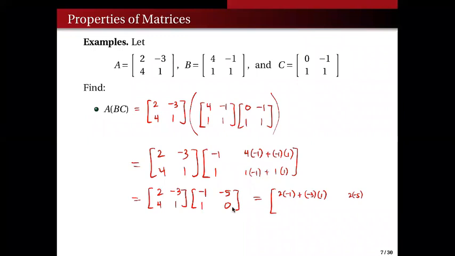And then negative 3 times 0. So I'll just write 2 times negative 5. Second row, first column, 4 times negative 1 plus 1 times 1. Sorry, that's second row, first column. And then second row, second column, we have 4 times negative 5.